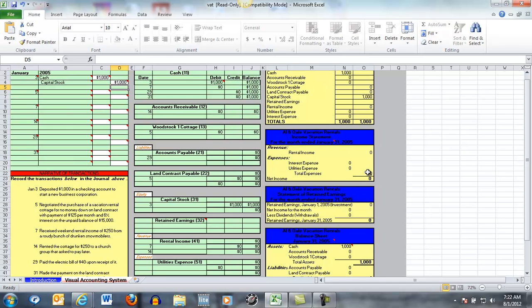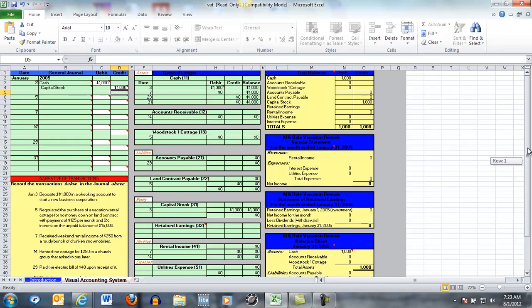So I call that the visual accounting tool. It helps you see the entire accounting system on one screen. We journalize in the journal, the book of original entry. We journalize business transactions in debit and credit fashion. And then those are, in older systems, manually posted to the ledger accounts and then tested to make sure everything's in balance by copying the balance of this account over, copying the balance of this account over, totaling the balances to make sure the total of the debits equals the total of the credits.